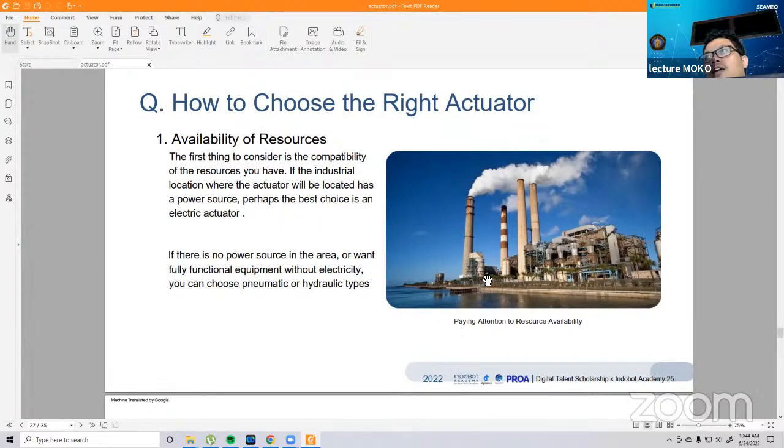So if we choose electric power, this is very high risk, because if there is some mistake or failure with this system, it will make some fire and explosion. So in the oil refinery industry, they will prefer to use air source and liquid source. They will use a pneumatic and hydraulic system, because they need to consider the high risk condition.